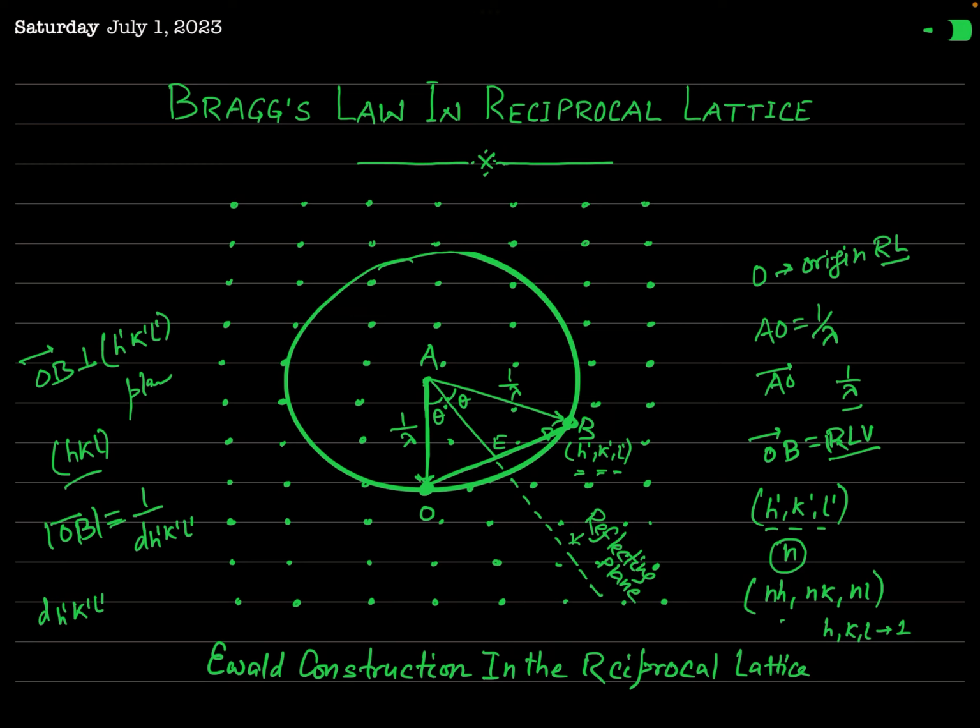Or you can say this is equal to n over dhkl, because instead of h prime, k prime and l prime we have written nh, nk, nl. Therefore, in terms of the interplanar separation for the plane defined by the indices hkl, modulus of OB must be equal to n over dhkl.